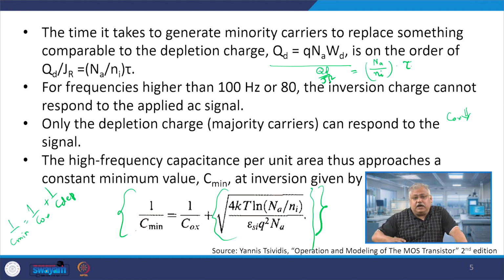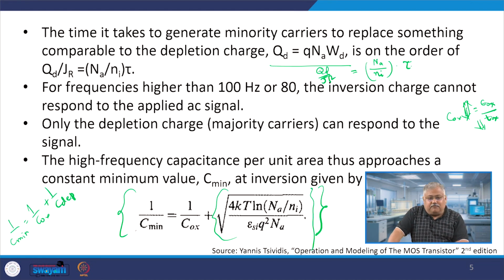If my oxide is relatively thin, so if you remember, C aux is nothing but epsilon aux by T aux. So, if your T aux is very small, your C aux is very large. So, C min will have that component more prevalent, which is minimum.